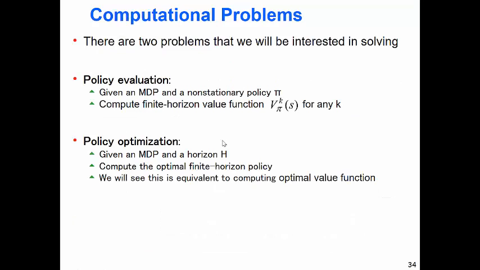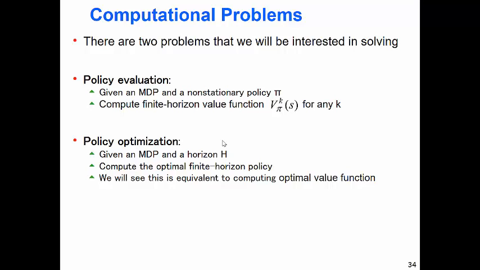Finally, what we did at the end of the last class was talk about these two computational problems, policy evaluation and policy optimization, where policy evaluation corresponds to just computing the value function for a particular policy, right?